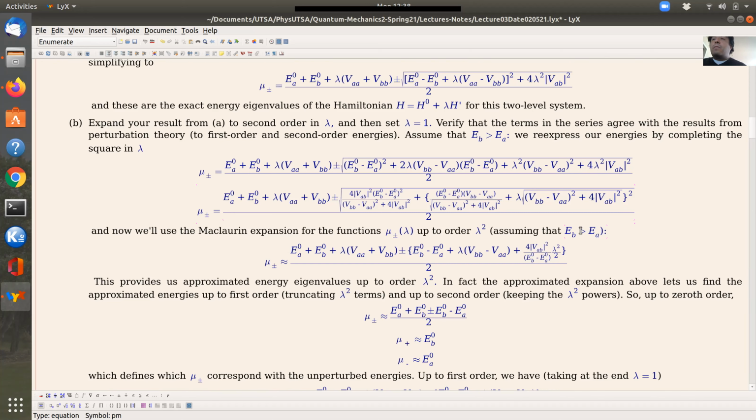And so what I'm going to do is use a Maclaurin expansion, which is basically a Taylor expansion around 0, because that's what I care about right now, second order in lambda. So of course I'm centered around 0. For that, I would use a Taylor series centered around 0, where I have to compute derivatives and so on.